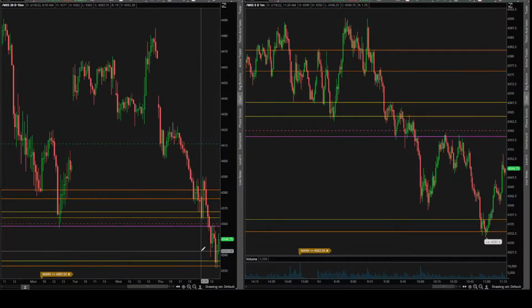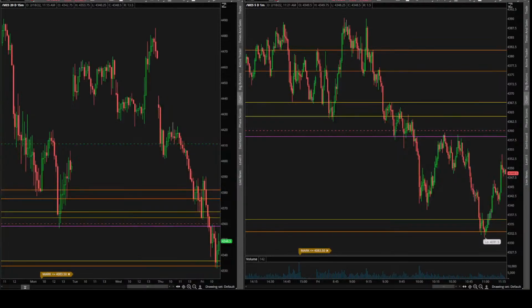Oh, we've got 9 more minutes left until the 15-minute is done. Definitely watching the 15-minute on the NASDAQ. A little bit of a fast mover today. Good amount of tempo. Yesterday had a good amount of movement in the day. It just meandered around for quite a while.